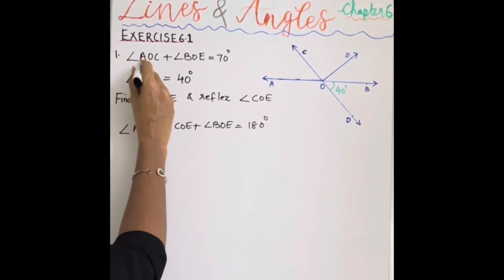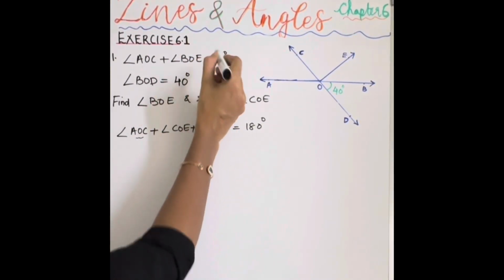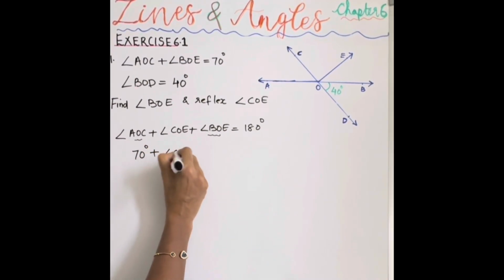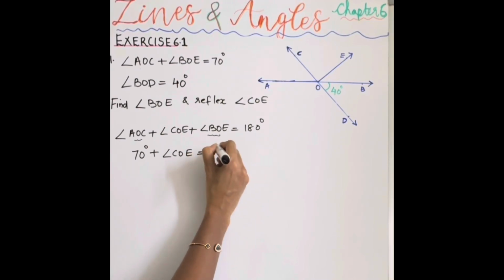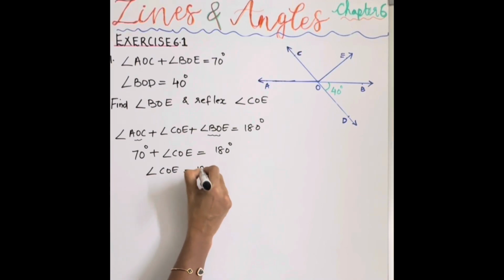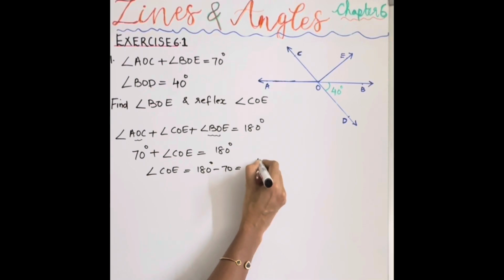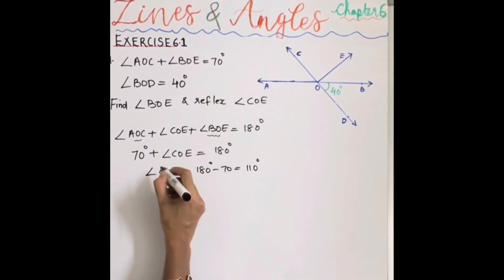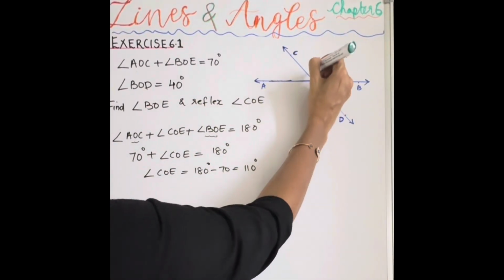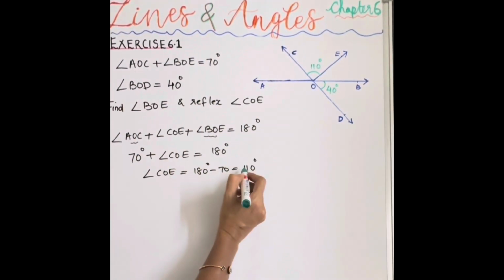And it has been given angle AOC plus BOE is 70 degree. So we can write 70 degree plus angle COE is 180 degree. Therefore, angle COE is 180 minus 70, which is 110 degree. So angle COE is 110 degree. You understood how we got COE?